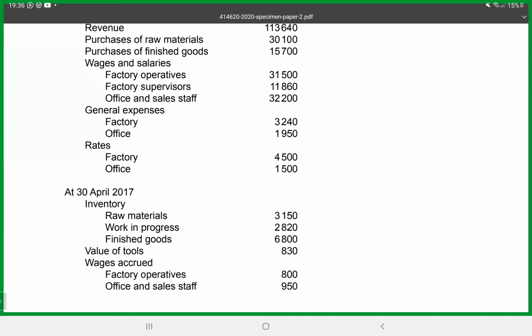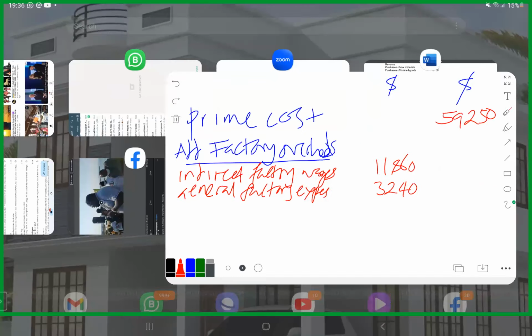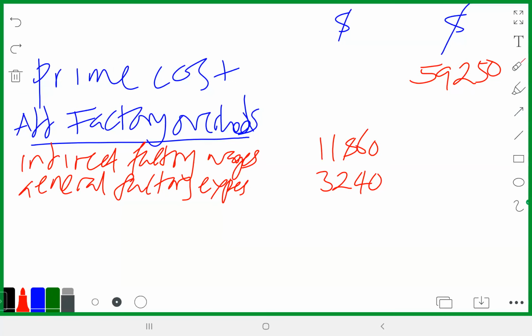Only those that occur in the factory are factory overheads. So you get the factory rates, 4,500. Is that clear? Yes, sir. Factory rates is 4,500.